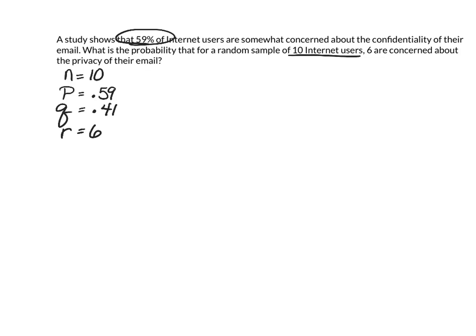So now we'll plug this into our formula. The probability that 6 of the people we randomly sample are concerned about the privacy of their email is equal to 10C6 times 0.59 to the 6th power times 0.41 to the 10 minus 6, or 4th power.